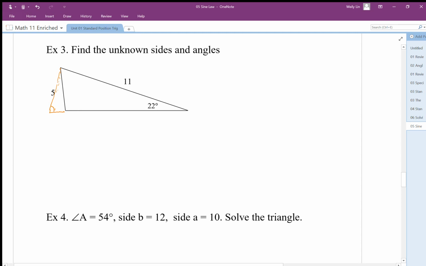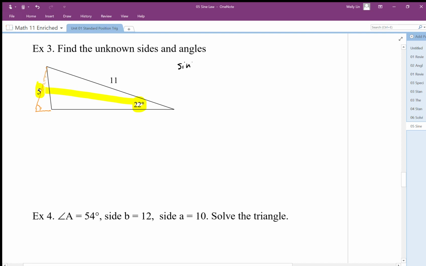So first things first, we need to recognize that we have an angle and opposite side pair that relates to sine law. So I'm going to set up my ratio, sine of 22 degrees over the opposite side 5. So there's my angle and opposite side pairing.